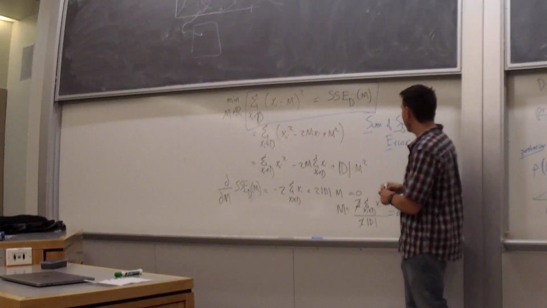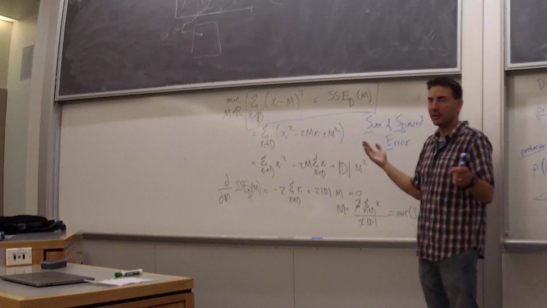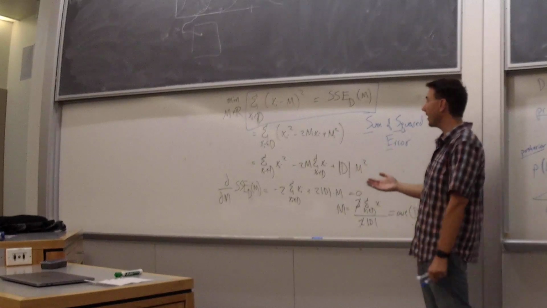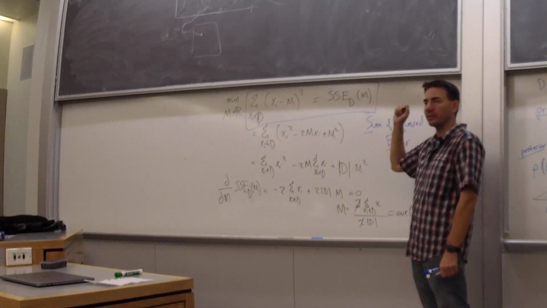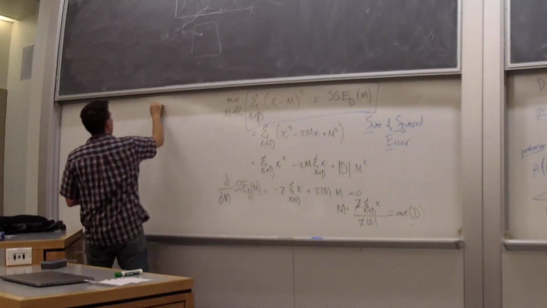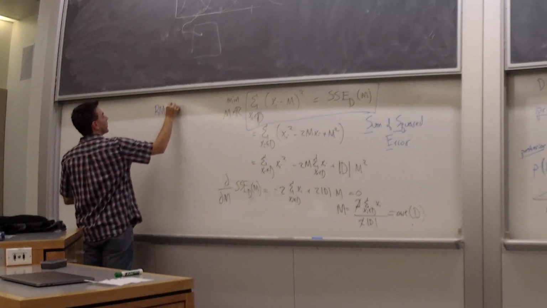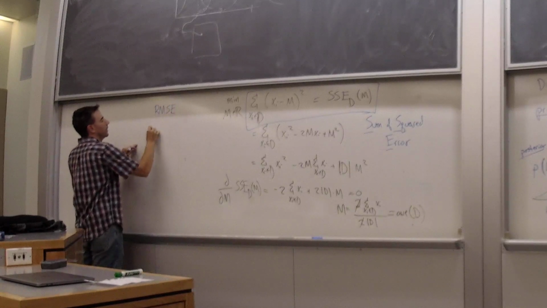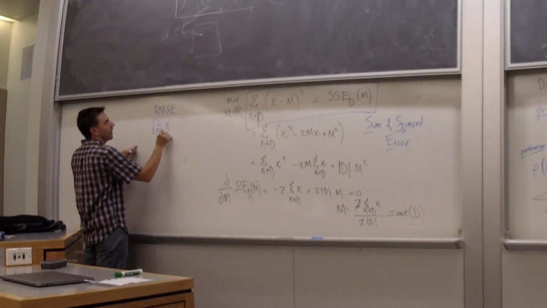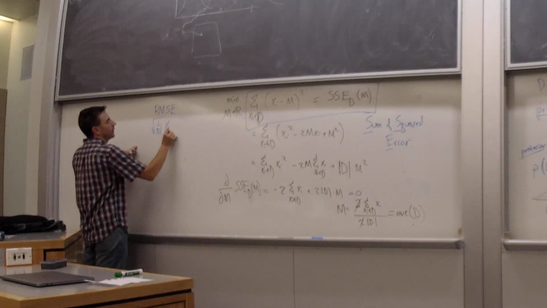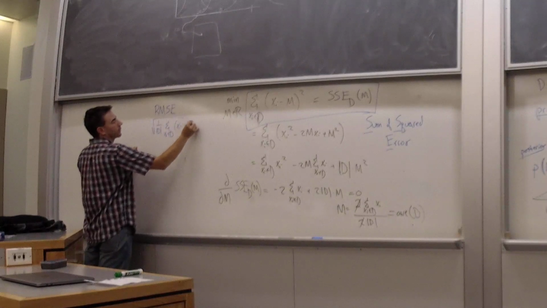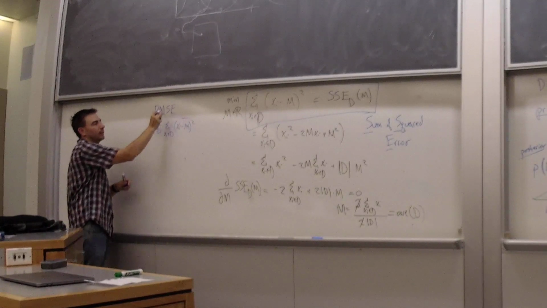The root mean squared error, RMSE, is the square root of the mean of the squared errors, and that has the same units as the data itself. So the root mean squared error is going to be the square root of 1 over the size of d times the sum over xi in d of xi minus some estimator, squared.